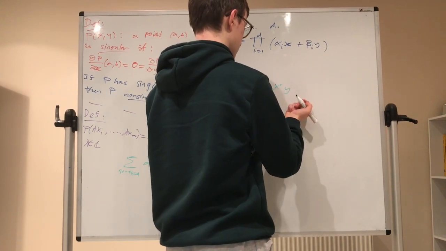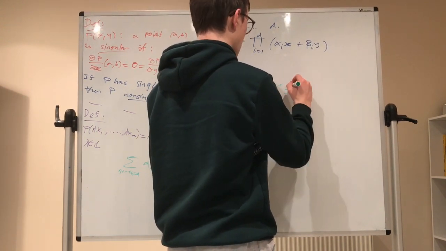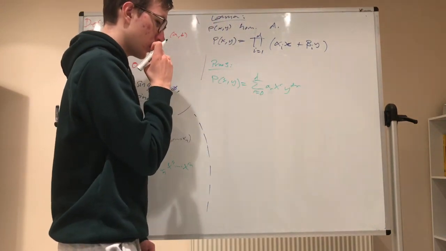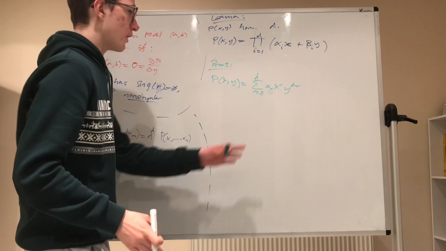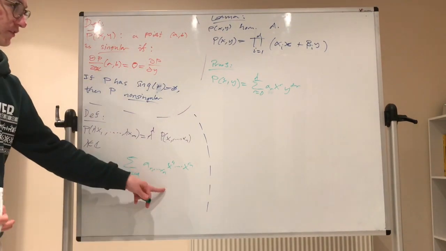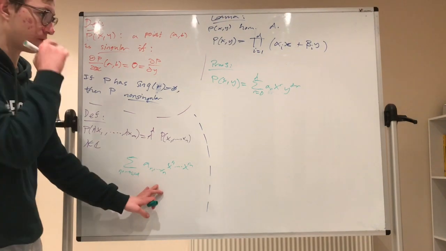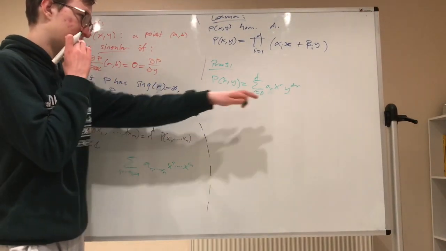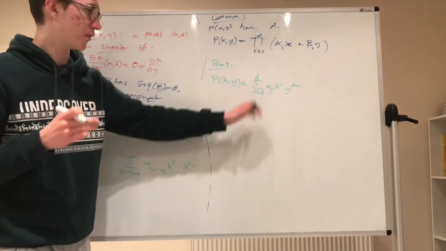Okay, yeah, this makes sense, because this agrees with the definition here: if we add these exponents, we're going to get d every time, and these are just some coefficients.